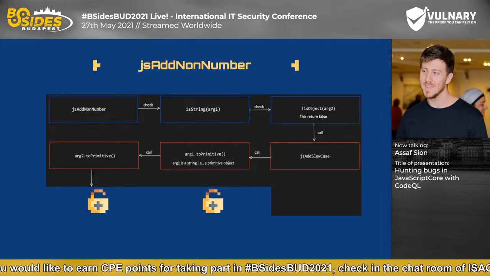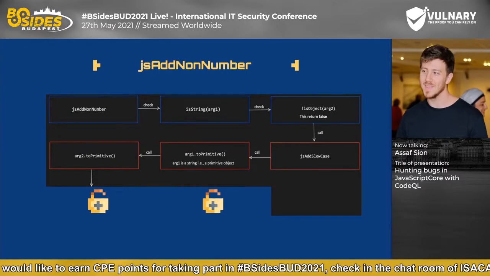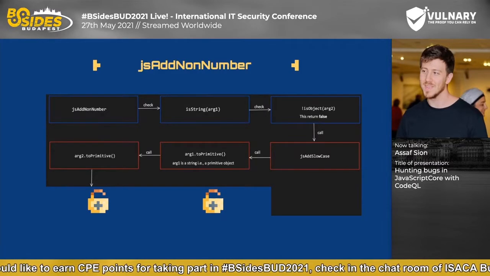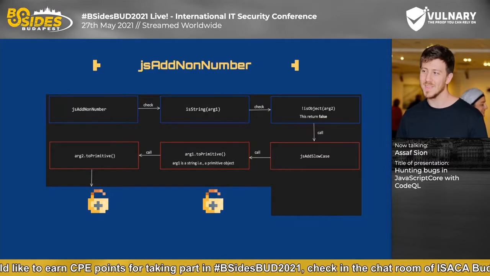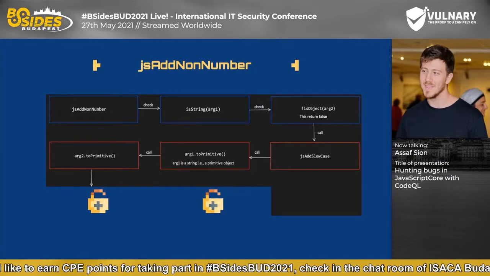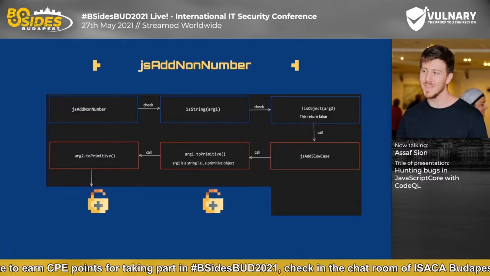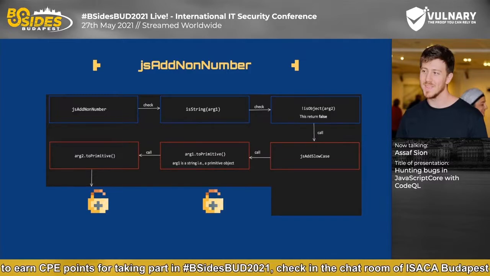Now, this is where the interesting part happens. So when we try to concatenate an empty object, what happened is that we got a string with curly braces, meaning that the call to toPrimitive converted the object to the string curly braces.